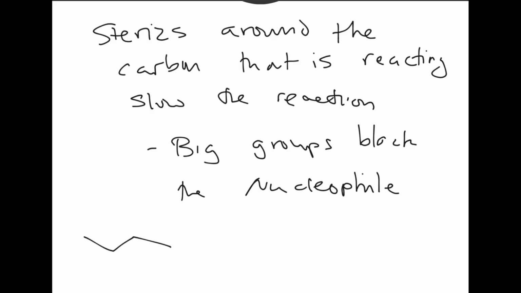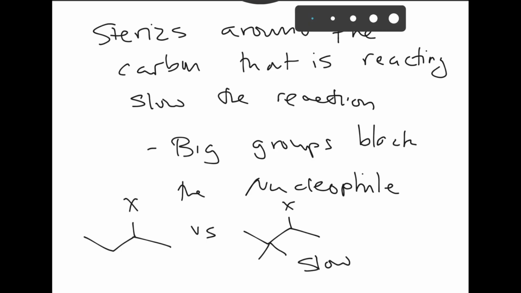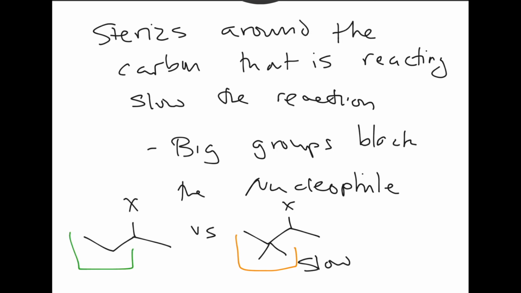So let's say we had this versus that. The group that has the quaternary carbon beside the carbon you're reacting with would react slower, because this tert-butyl group right here is much bigger than this ethyl group. So it's harder to get past that tert-butyl group than it is to get past the ethyl group.